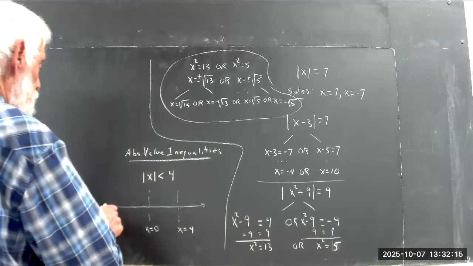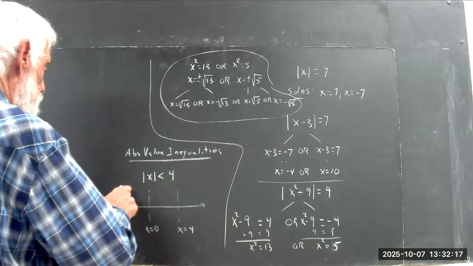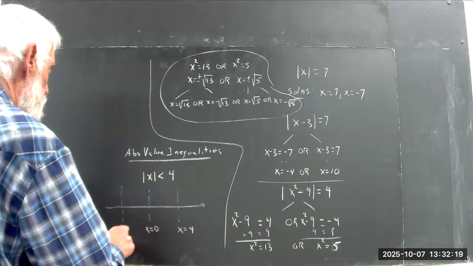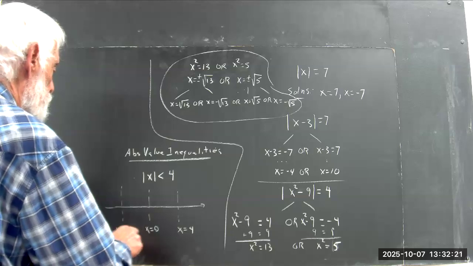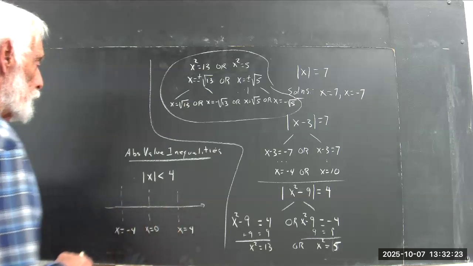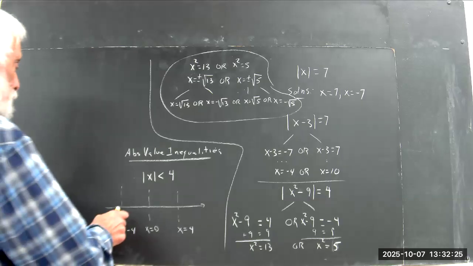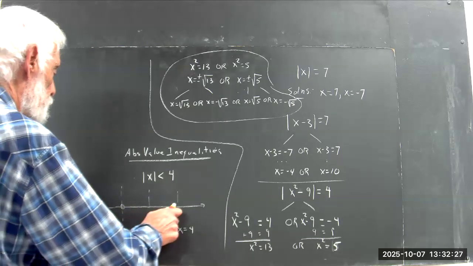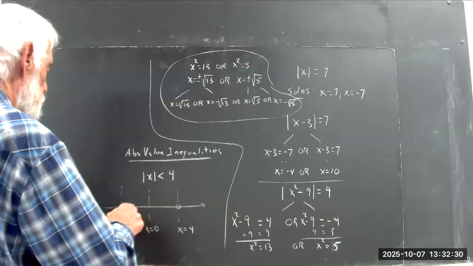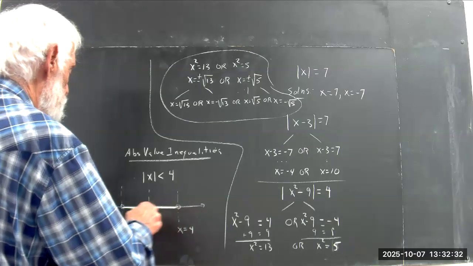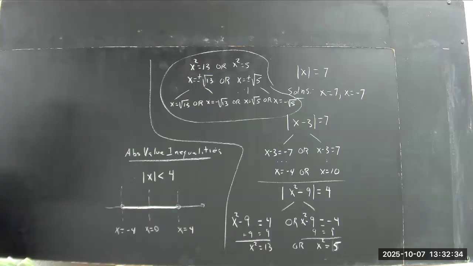So you can see that any number between -4 and 4 is going to satisfy this as long as the number isn't 4 or -4. So right there is your solution set. Make sense?